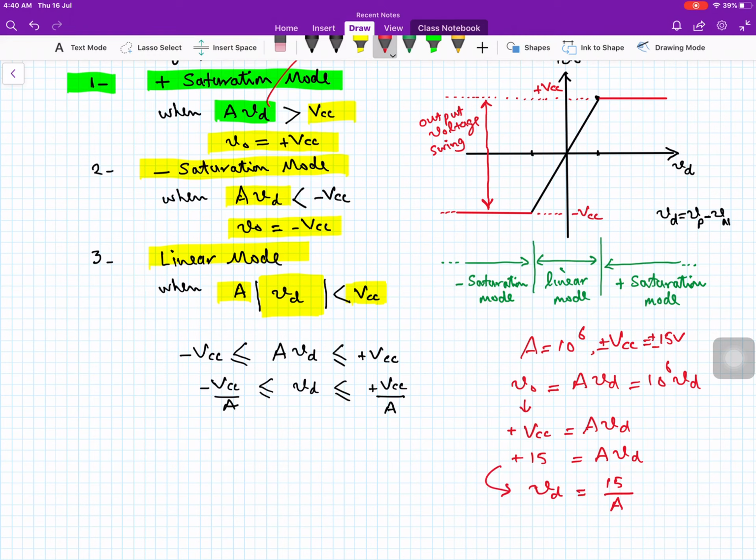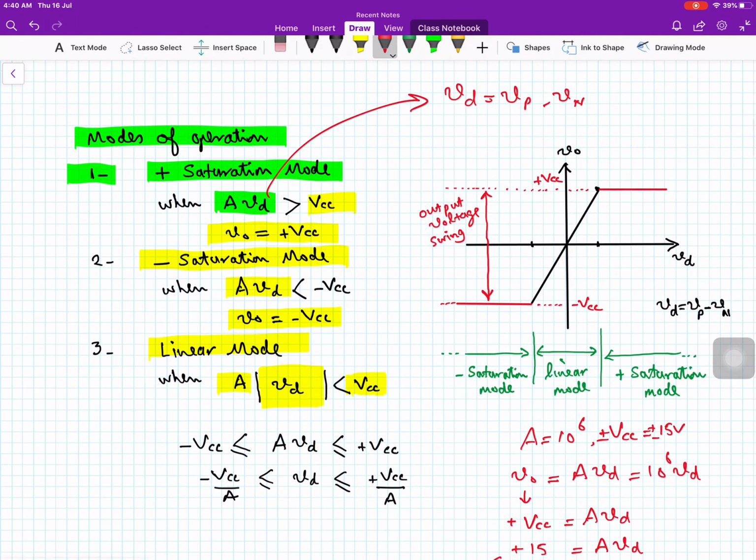As we have assumed A as 10 raised to the power 6, it is 15 microvolts. This is a very important thing. So when VD is equal to 15 microvolts, the output voltage is equal to plus 15 volts.